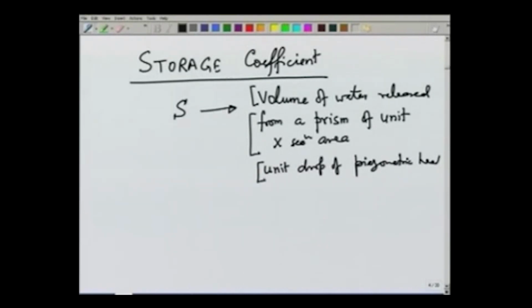So, there are three things here, that S is the volume and it is from a prism of unit cross section area for a unit drop of piezometric head.